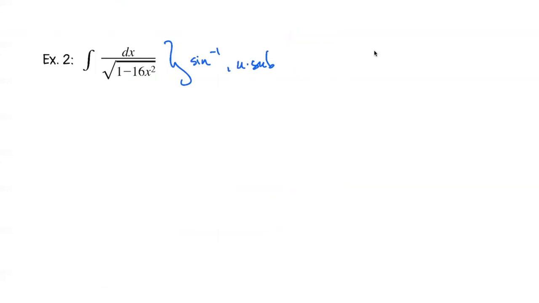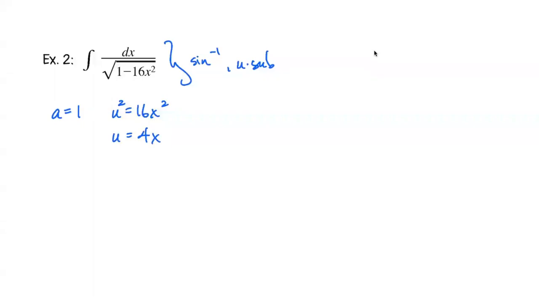So here's what I mean by that. If we think about defining what a and u are, we can say that a in this case would be 1 because 1 squared is 1. And that u is going to be not 16x squared, because u squared is 16x squared, but that would make u equal to 4x, right?